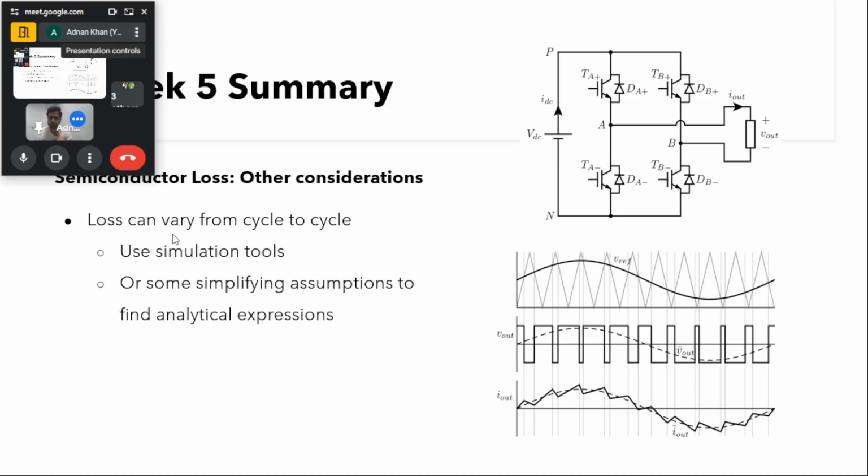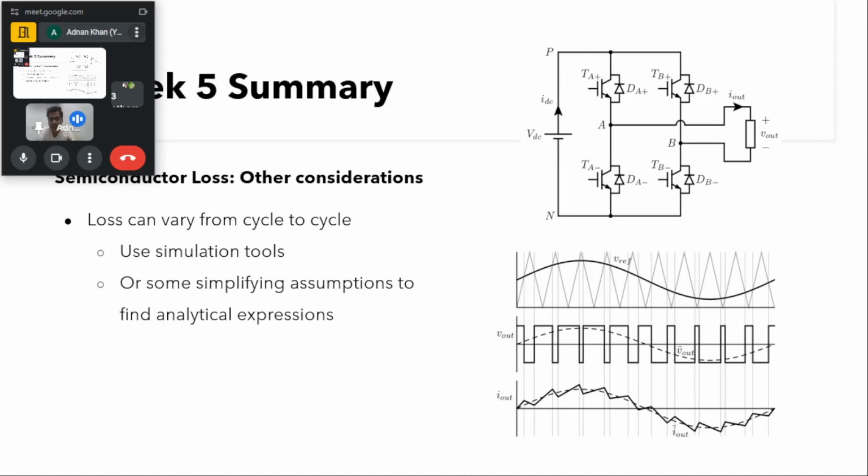What we do is use different simulation tools like LT Spice, where we can simulate the actual device, which has its own RDS on, and we can calculate the overall switching losses in a particular device.